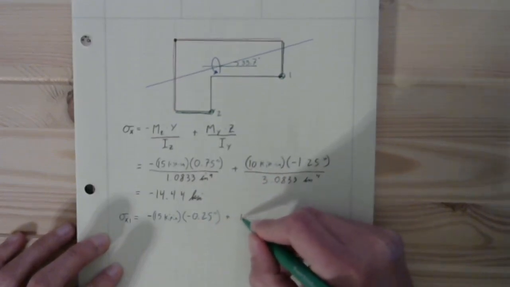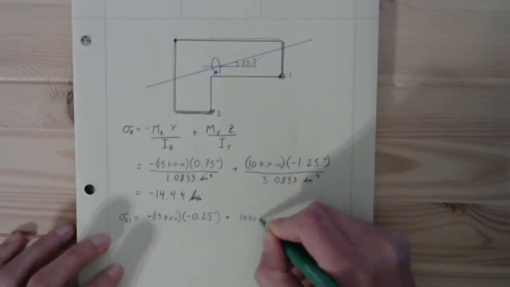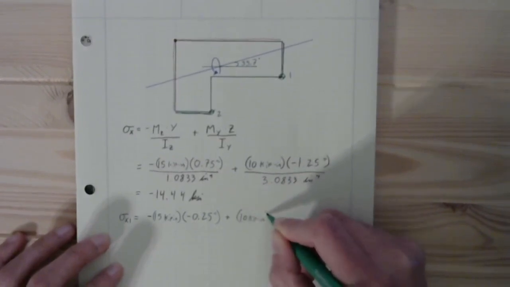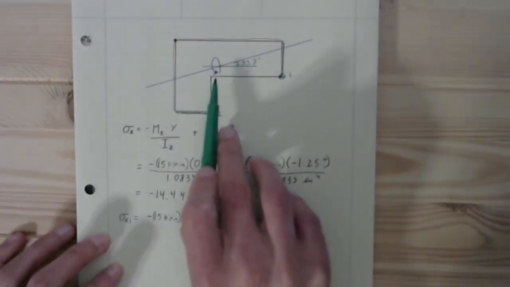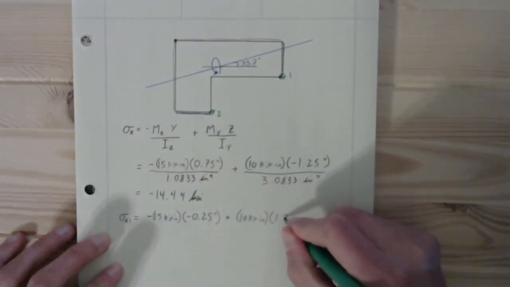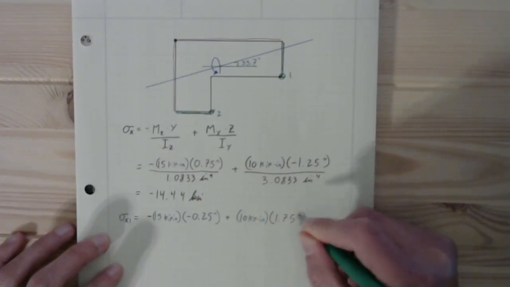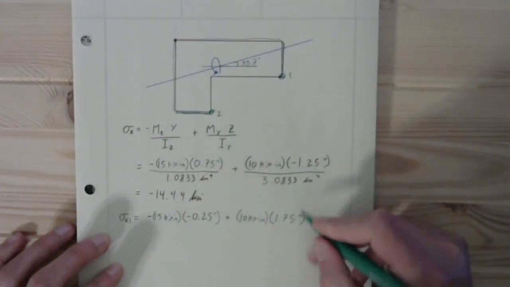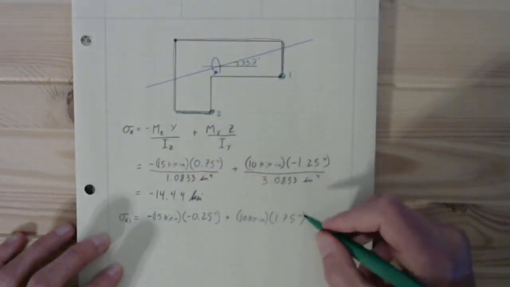Plus our 10 kip inches times a very large 1.75 inches. That's positive because we're moving from here to here.